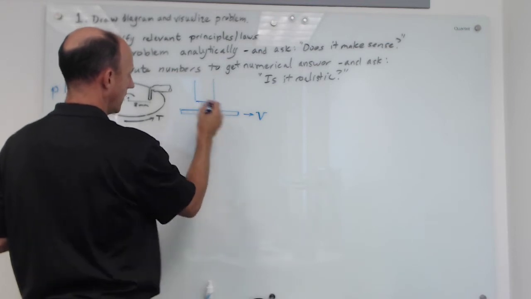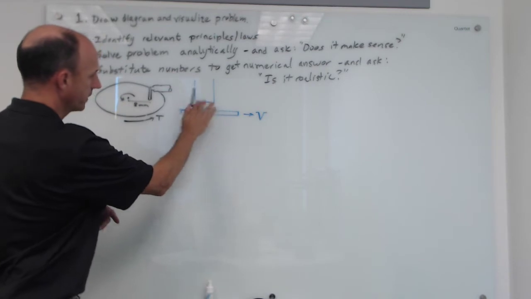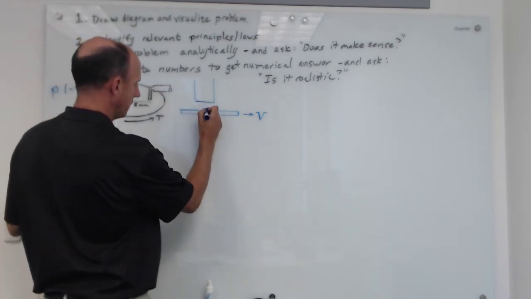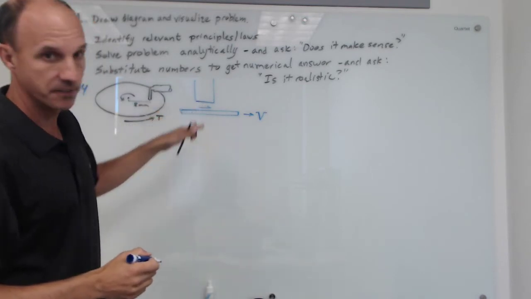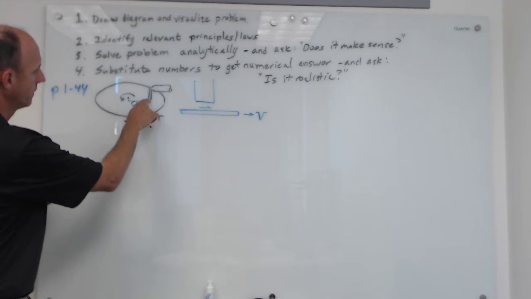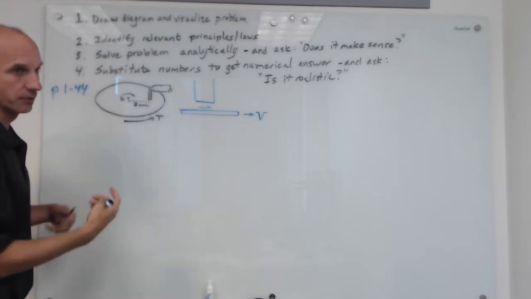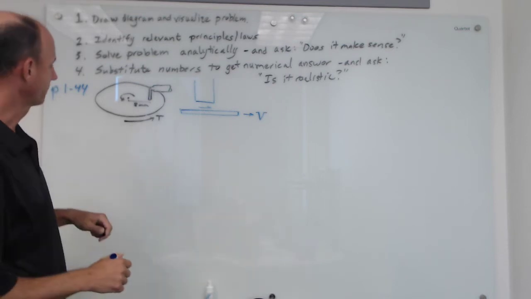We've got some head here, and then we're going to have a shear stress occurring right here in this space. And that shear stress acting on this area is going to create a force. Okay, and so when that force acts at some distance, that creates a torque. And that torque has to be overcome with this torque, okay?